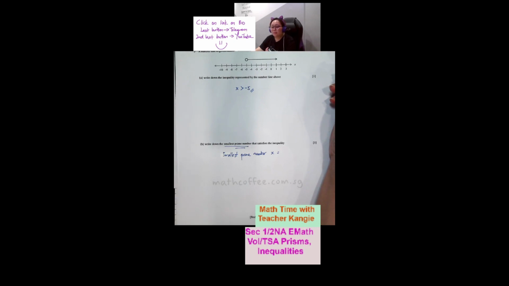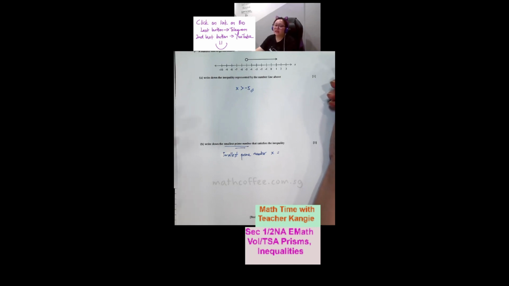okay, prime number, what is the so-called property of a prime number? Prime number has two factors, one and itself. So students commonly say that 1 is a prime number. Actually 1 does not fulfill two factors. 1 only has one factor, which is 1.